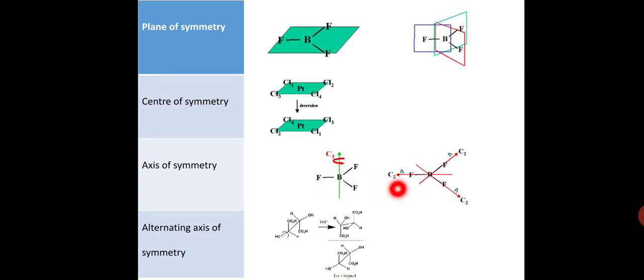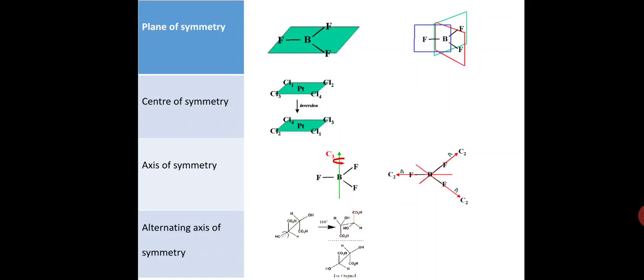We are not going in depth into these symmetry elements, but just briefly discussing. And for alternating axis of symmetry, in the case of this molecule, if you rotate this molecule by 180 degrees through this axis and then take a reflection, you will get this similar structure.